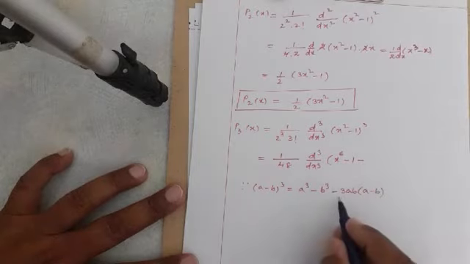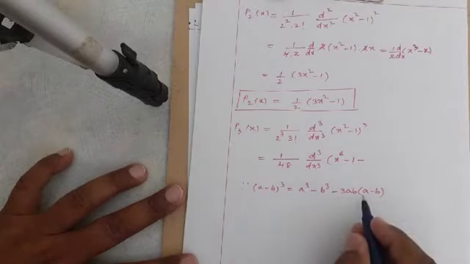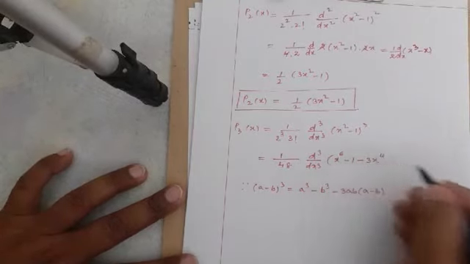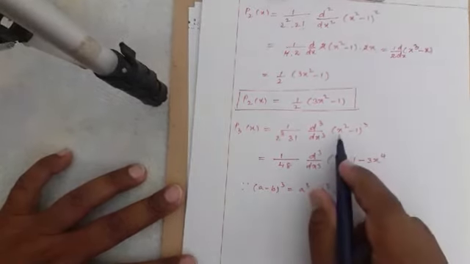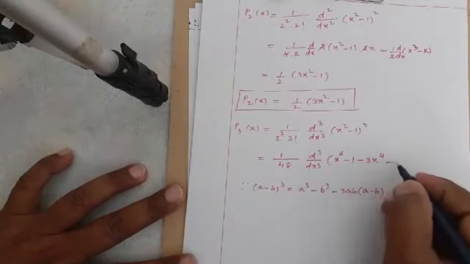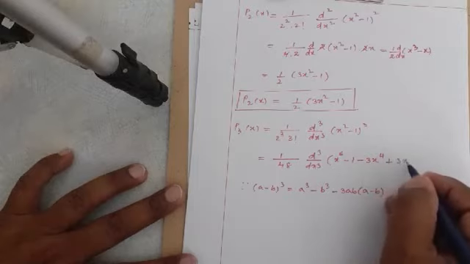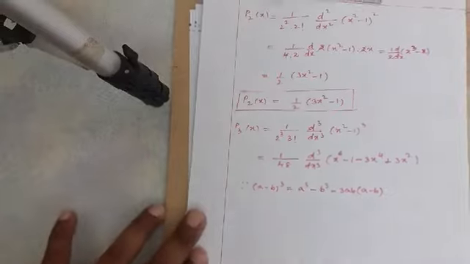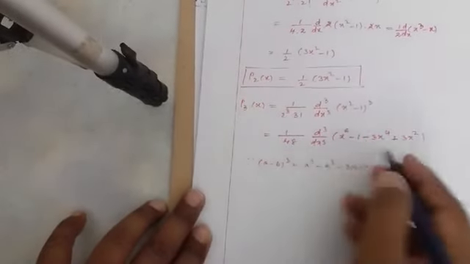Here a is x square, so a cube is x power 6, then minus 3a square b, which is minus 3x power 4, since squaring x square gives x power 4 and b is 1. Next, plus 3x square, and then minus 1. In this way we expand this and then we differentiate.